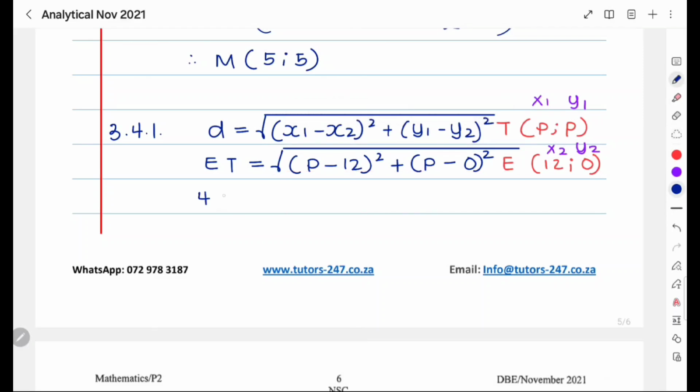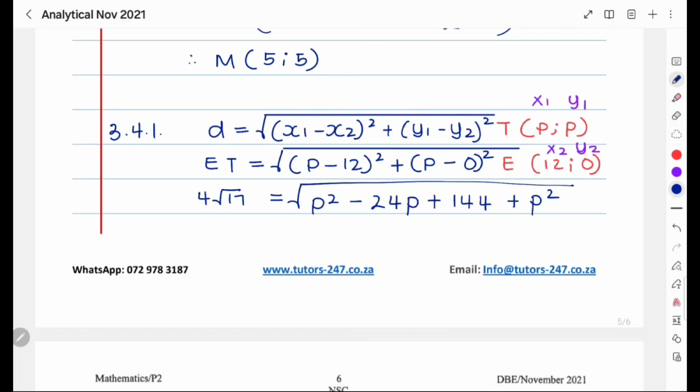ET is 4 root 17, and that is equal to the square root of P minus 12 squared. We can actually expand that and make it P squared minus 24P plus 144 plus P squared. So we use our FOIL method on the first bracket.